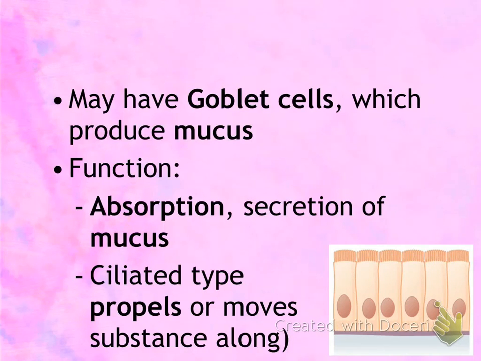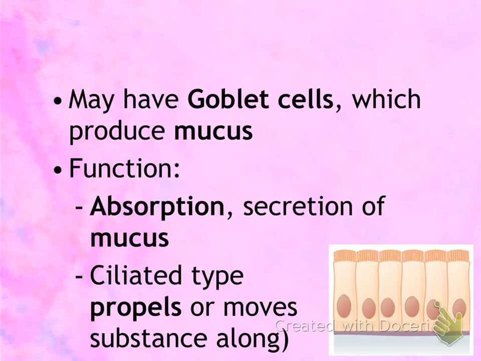Another unique thing about simple columnar cells is that they have something called goblet cells, and their job is to produce mucus. The function of the simple columnar epithelium is absorption. Again, absorption means sucking some type of fluid or chemical through a wall.